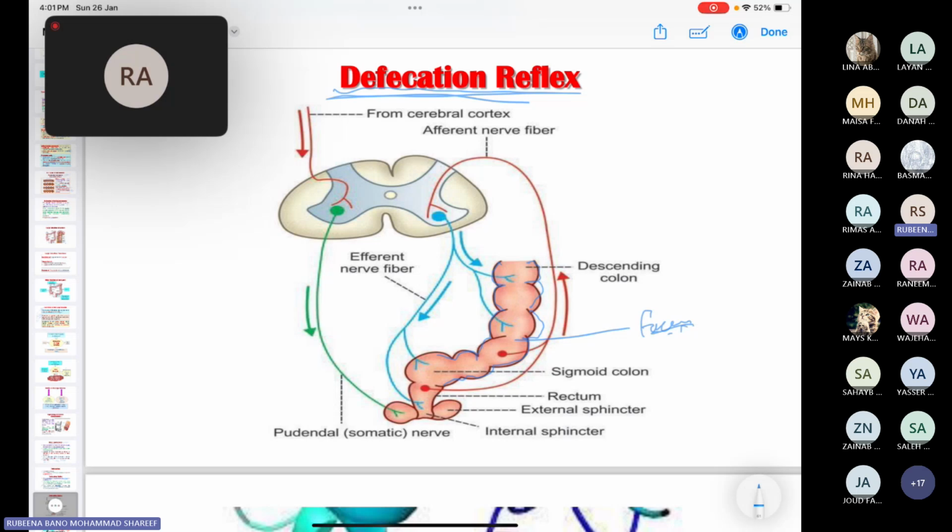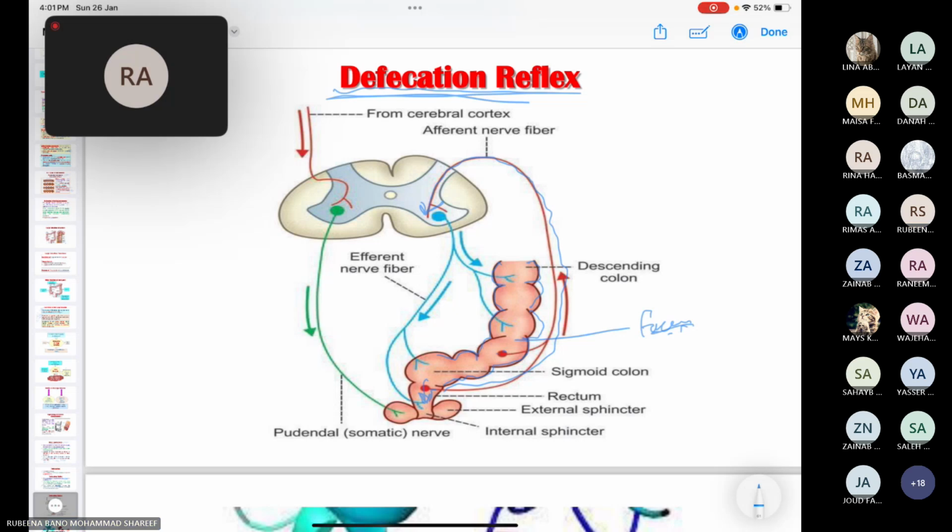And as I said, when you eat, this gastrocolic reflex along with the mass movement will cause entry of this feces into the rectum, okay? And because of this stretching, this information will go to the spinal cord, S2, S3, and S4.